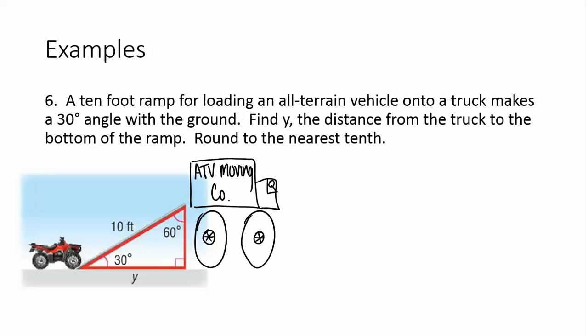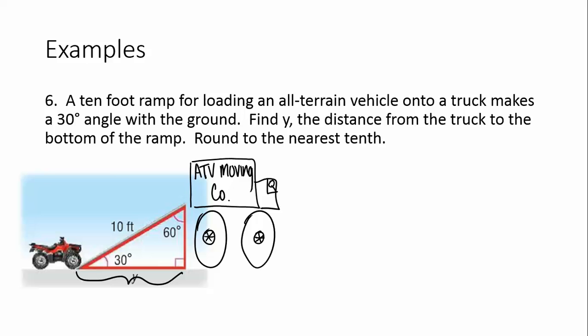And we want to know how far from the ground the truck and the ATV are. We know the angle measures 30, 60, 90, and we know the hypotenuse. We want to find y, and what's important here is to understand that y is the longest side, or the longest leg of that right triangle.